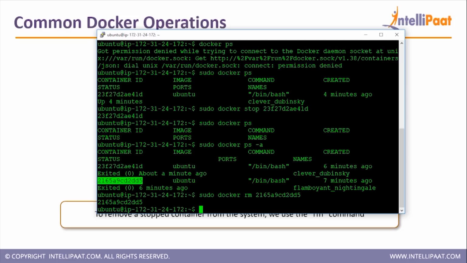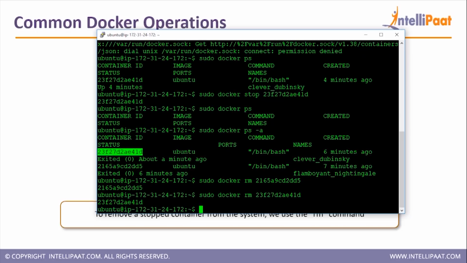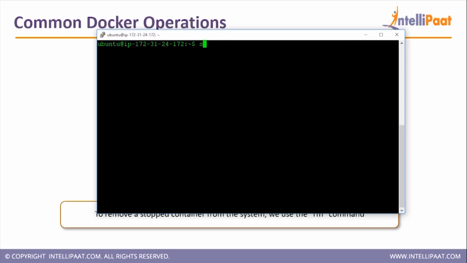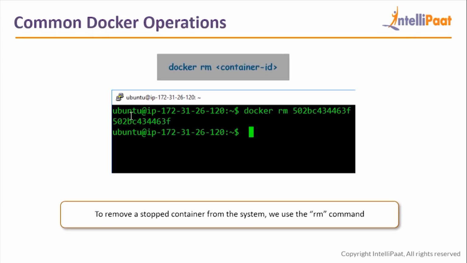So similarly, if I want to remove the second container as well, I'll just have to pass in the command sudo docker rm, the container ID, hit enter, and the containers will be removed. And now let me just quickly clear the screen. Now if I pass in the command sudo docker ps hyphen a, you can see there are no containers which now exist because we have just removed them from our system using the command docker rm.